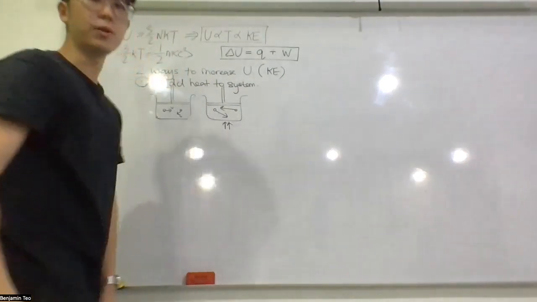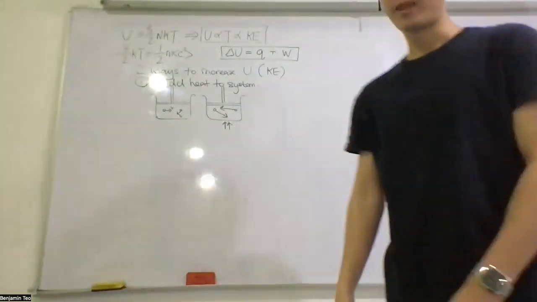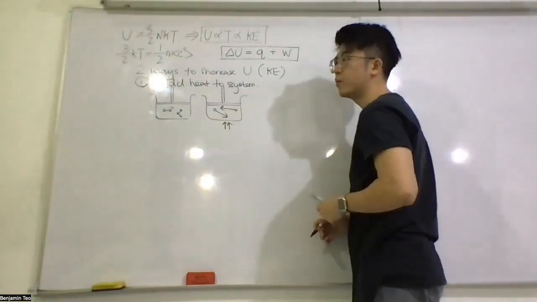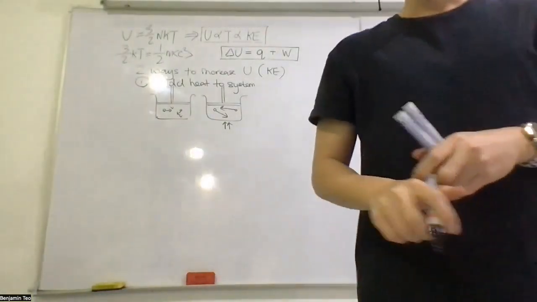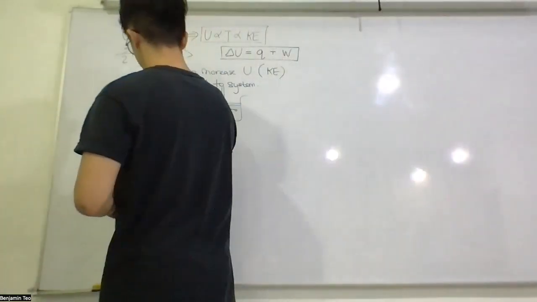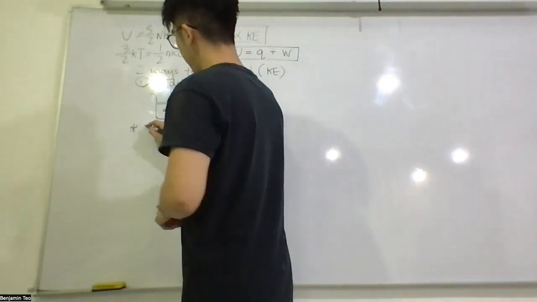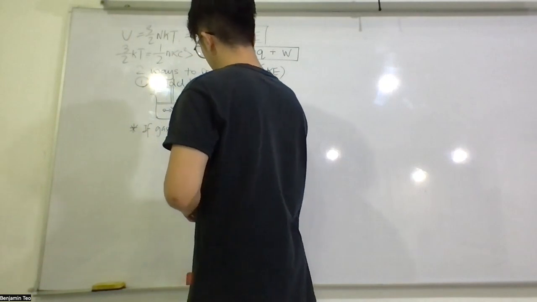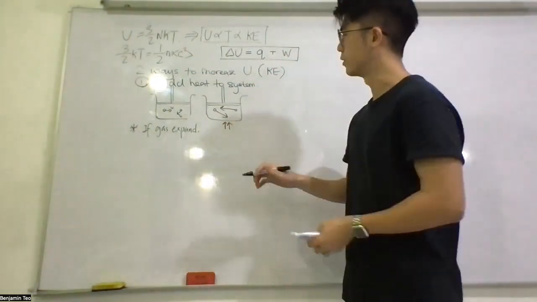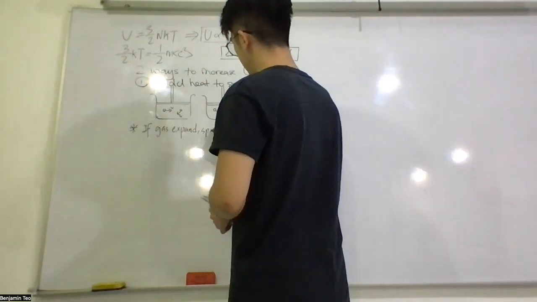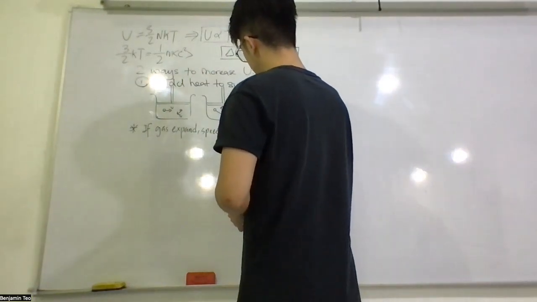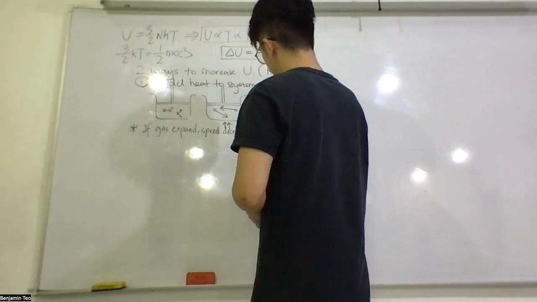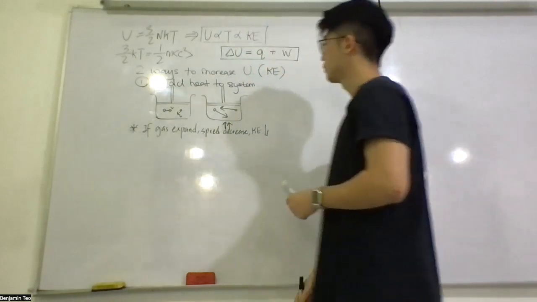Why? Because if you let the gas expand, the speed will be affected. If the gas is allowed to expand, if you give it more volume, then their speed will decrease, and thus kinetic energy will also drop.